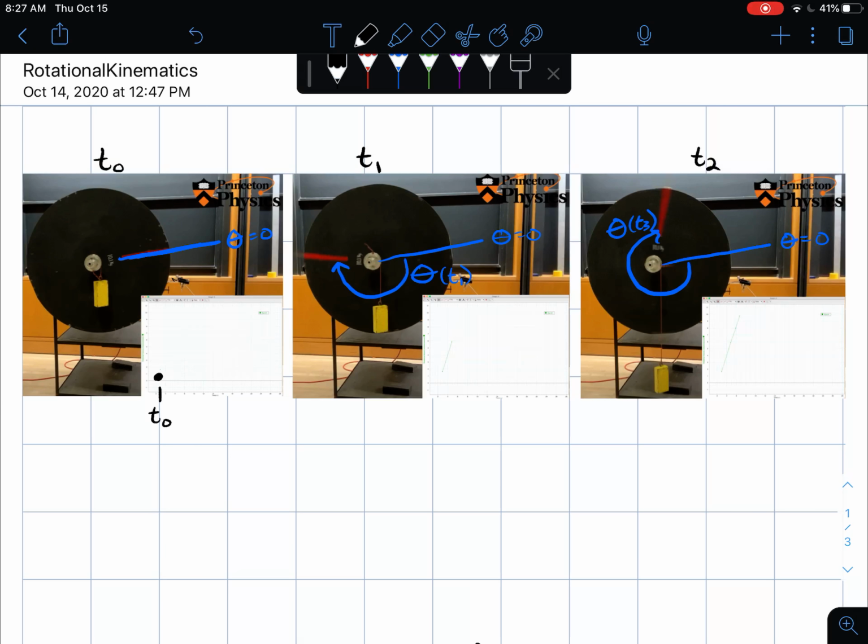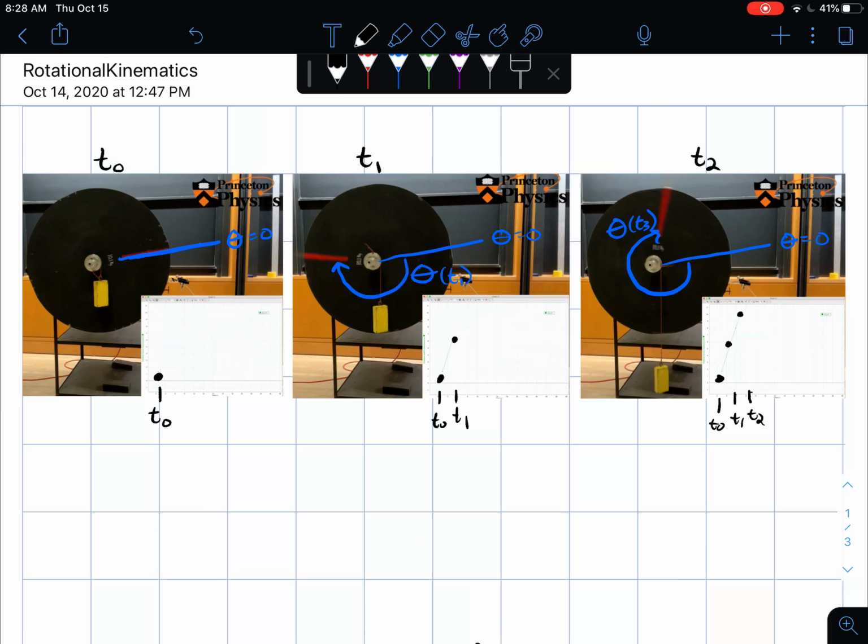Then as time went on, we still had our data point at t0, but we had another data point up here at t1. And then later at t2, we still had t0 and t1, and now we had this third data point up here at t2.